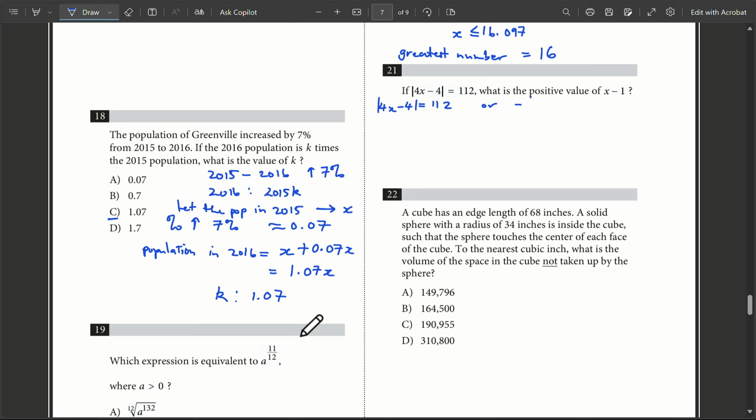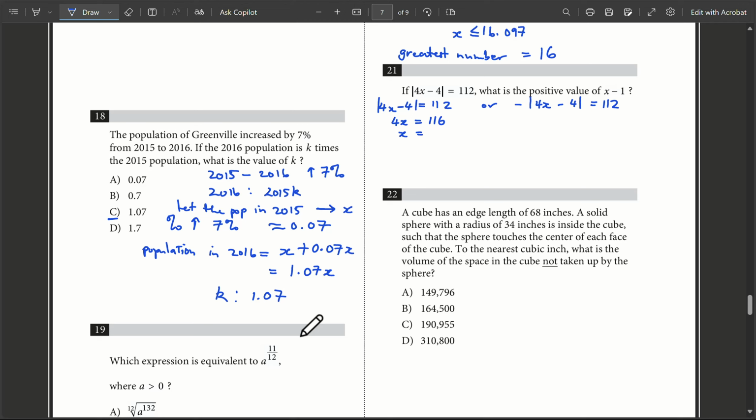But we want the positive value, okay? So if we want the positive value, we're going to try to see from this one what we get. Where 4x minus 4 is equal to 112, we move 4 to the other side and we remain with 4x is equal to 116. So that gives us our x value.